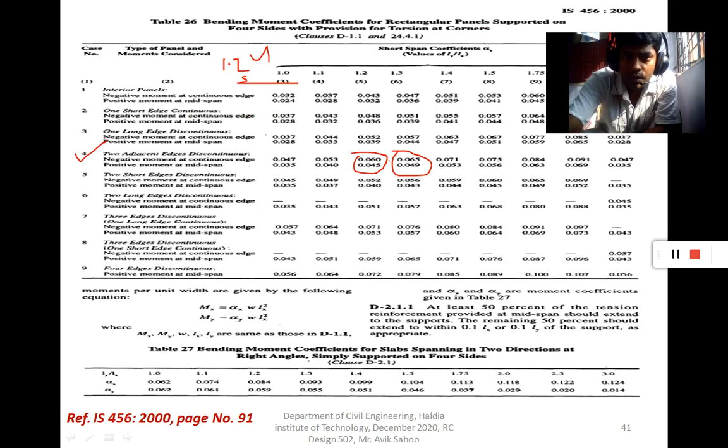This is approximately 0.063. In this way the linear interpolation is carried out to get the exact value for 1.24, how much negative moment coefficient, so that you calculate.